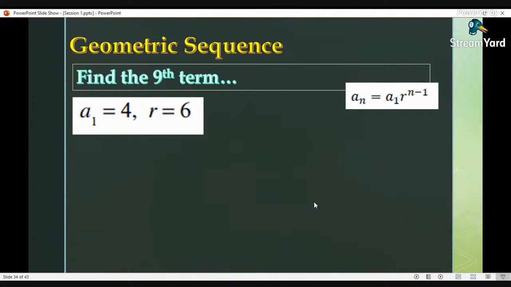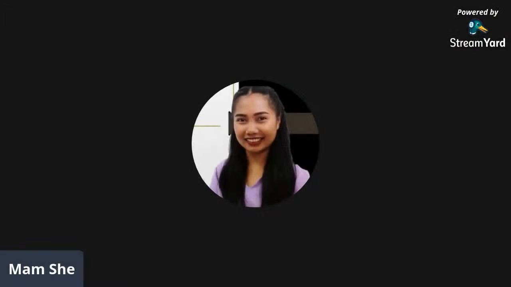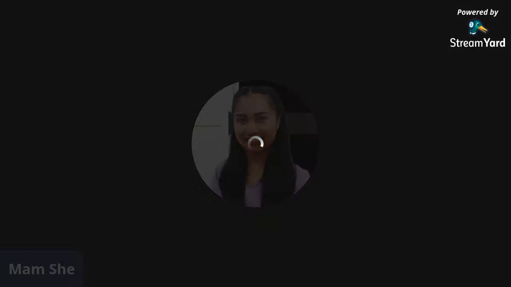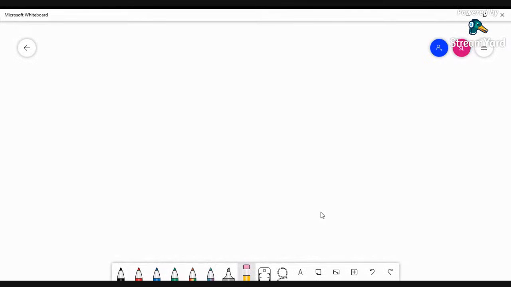Find the ninth term of this. Ninth term, so we have a sub 1 equals 4 and r equals 6. It will be raised to the 8th power. Okay, so we have a sub 1 equals 4.